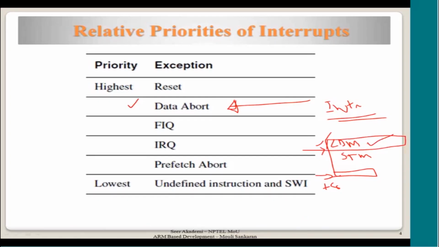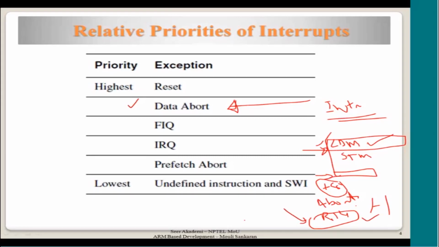To do that, it has to know at which instruction the PC was when the data abort occurred. So that should be captured and kept, right? That means it has to be in the handler's stack, or it should be in R14 of the abort handler. R14 of the abort handler should have that PC value, so that the handler can come back and execute the instruction and then restore the conditions which caused this abort.